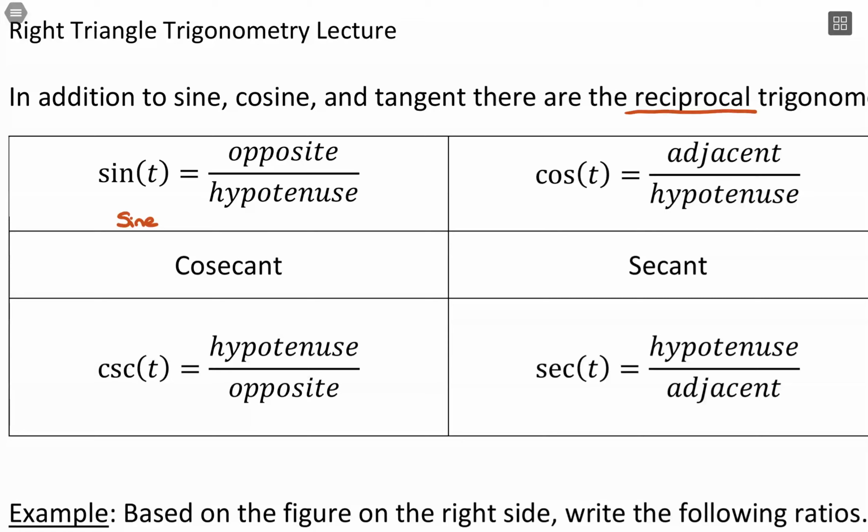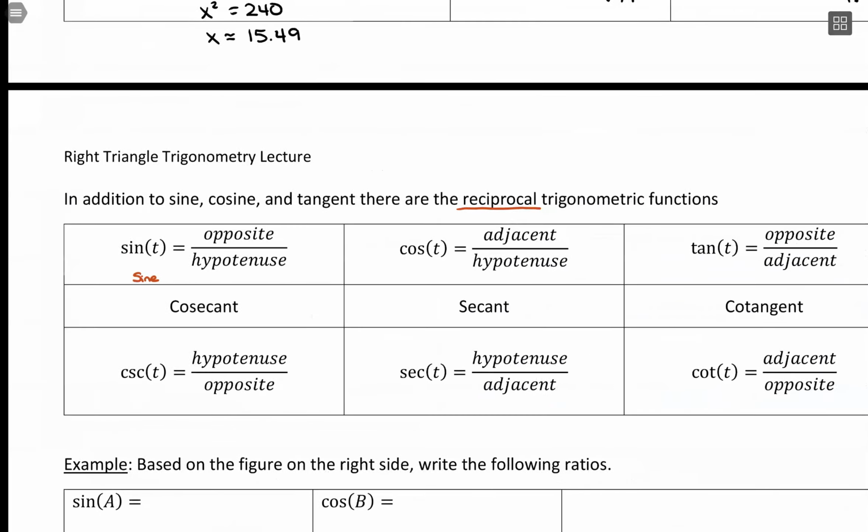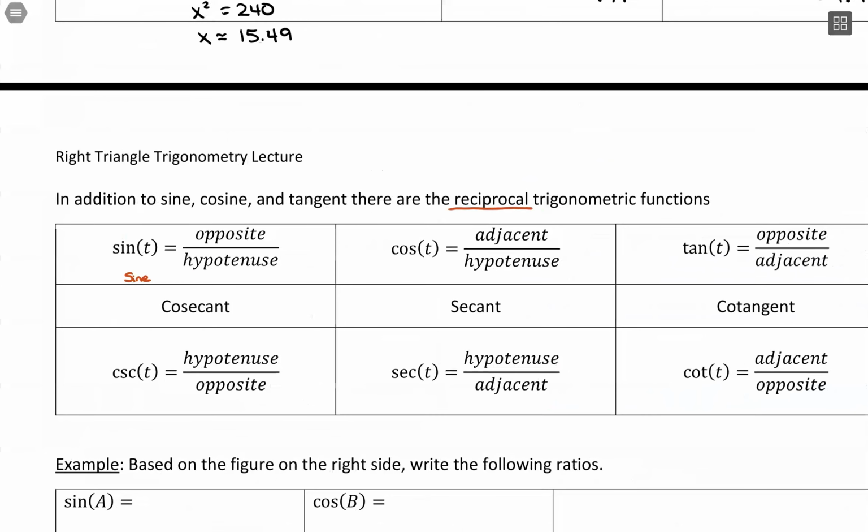One way that I remember it is I think of the S and C's as pairing up with each other. So sine and cosecant would go together, cosine and secant would go together. So kind of those pairings of letters. Another thing that I think about, since we often think of sine, cosine, tangent in that order, we get used to thinking of it in that form.